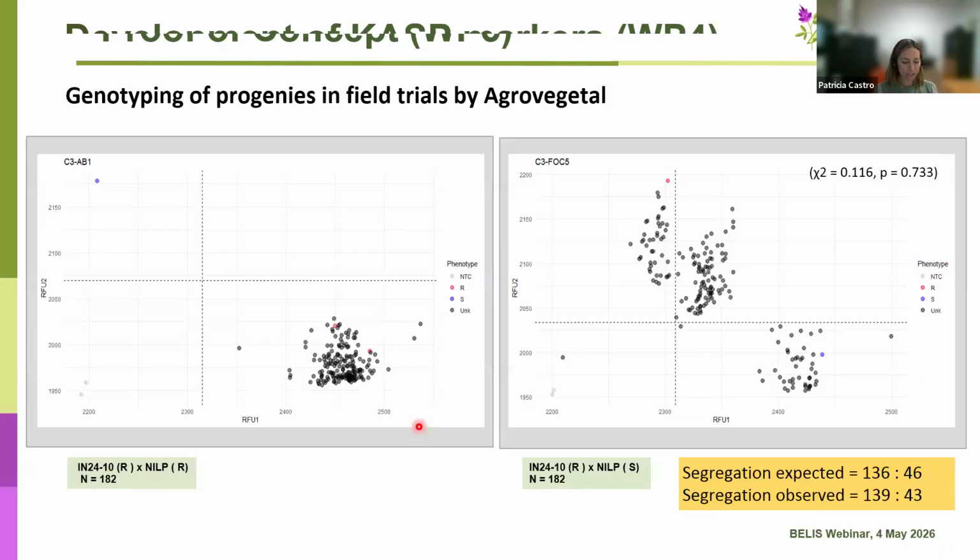So in this graph, we can see the result of the KASP marker for Ascochyta resistance here and for Fusarium here. We tested the markers in 182 individuals from a cross in which both parents were resistant to Ascochyta, but differ in their response to Fusarium.